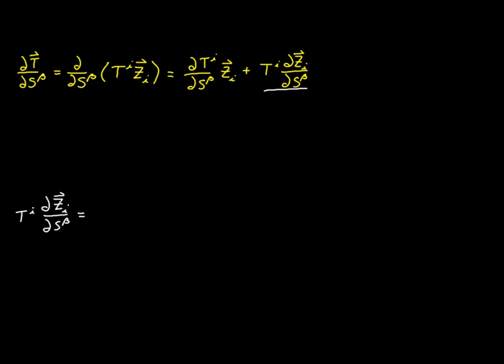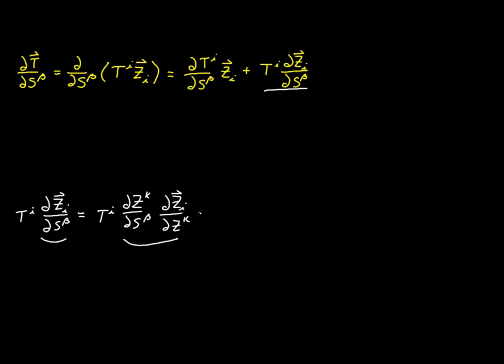So we can express zi as a function of s, and therefore we can use the chain rule to expand it. So we'd have ti times the partial of zk with respect to s beta times the partial of zi with respect to zk. So you understand that these two terms together are the same as this, expanded by using the chain rule.